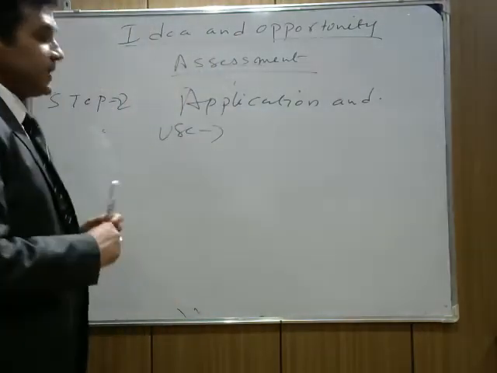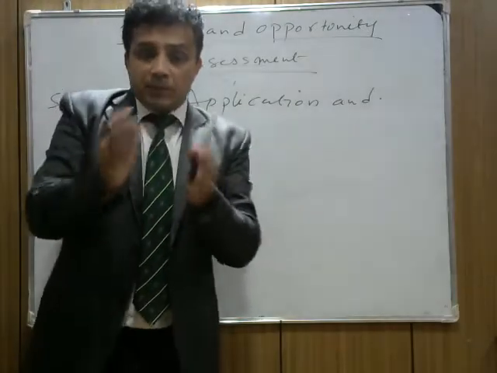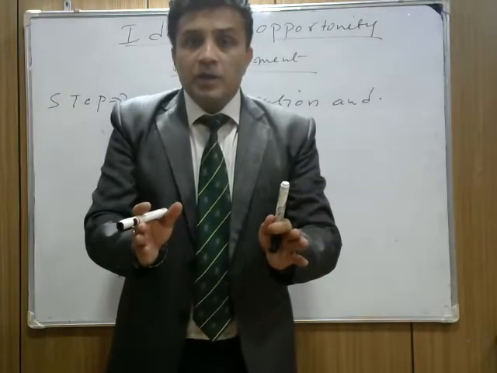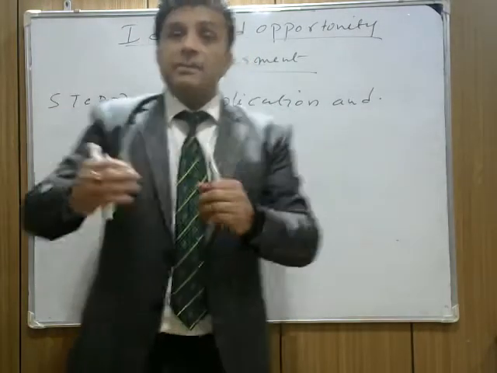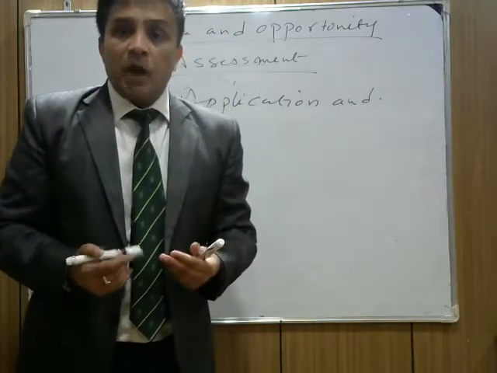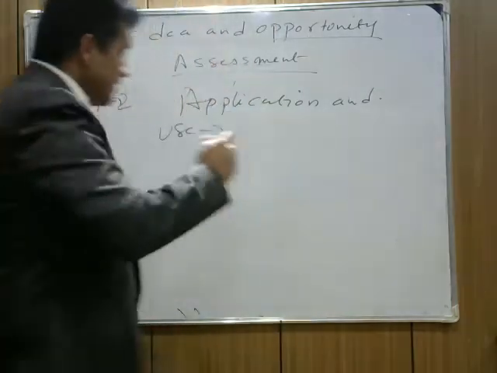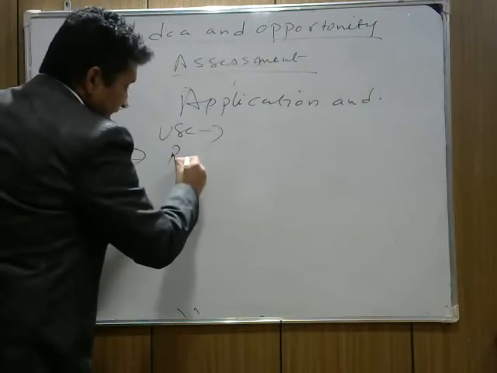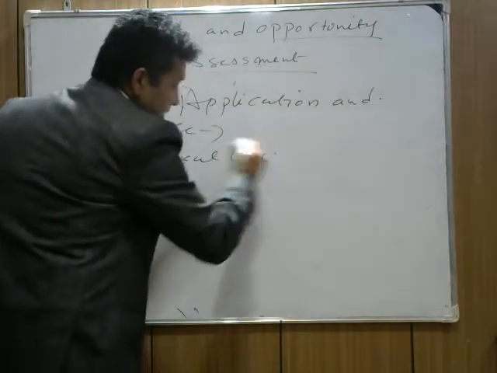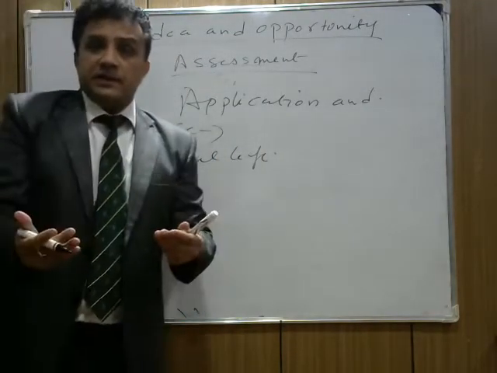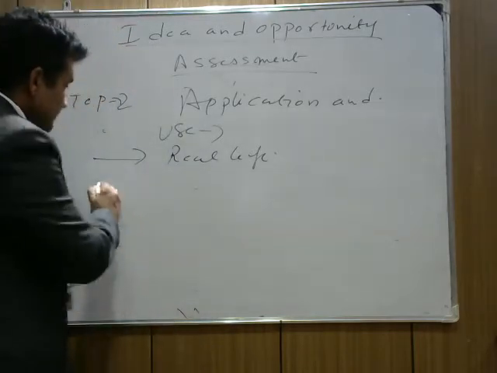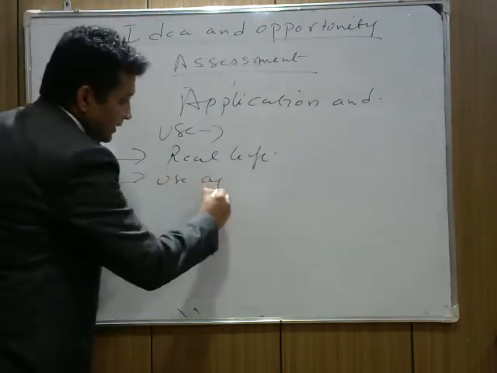You have to examine the idea, how the product can be beneficial in real life. How we use the application means how it benefits the real life of the customer, and what the use and application of the product is.